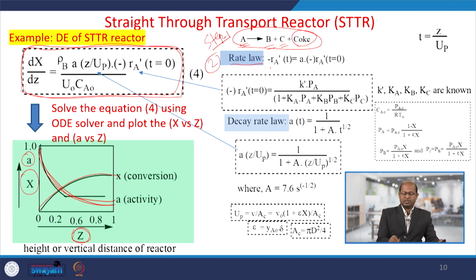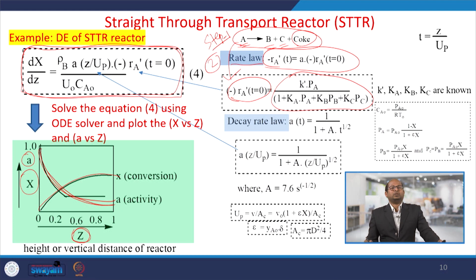Rate law may be this, with activity. So, the rate of reaction for this particular reaction, here we have taken a non-linear rate law, a non-linear type of rate equation that can be developed for this particular system, based on the experimental results.